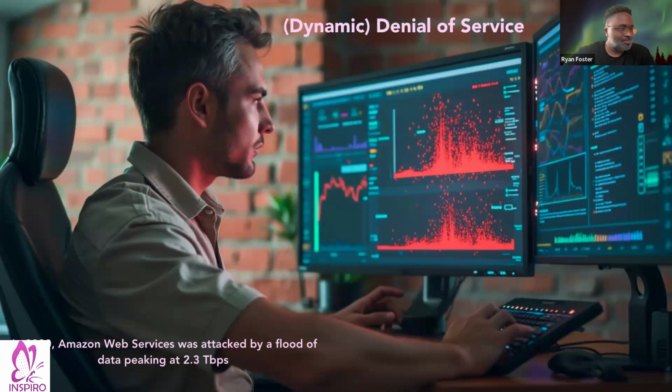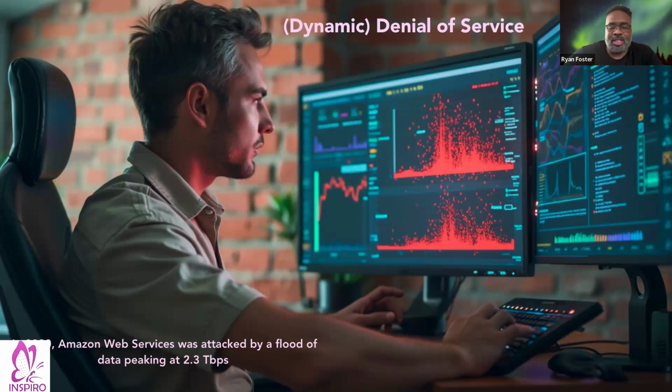So in 2020, Amazon Web Services, which is known as AWS, that's Amazon's cloud, was attacked by a flood of data that peaked at 2.3 terabits per second. That is an unimaginable amount of data hitting all of their servers, hitting their data centers, to the point where people who relied on AWS were not able to access their servers, access their environments, and it crippled businesses, it crippled commerce.